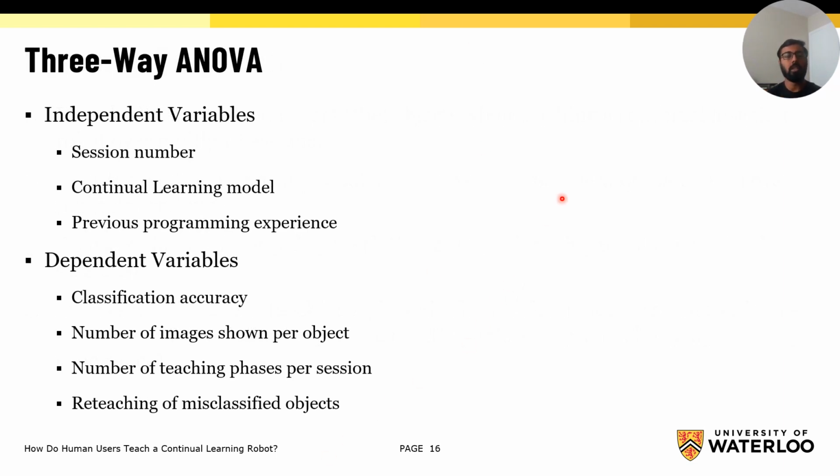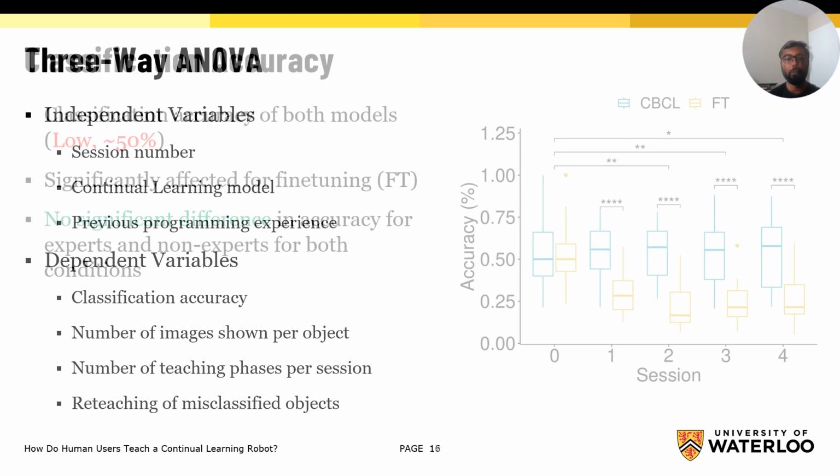So for this, we conducted a 3-way ANOVA with independent variables being session number, continual learning model, and previous programming experience of the participants, and dependent variables being the classification accuracy of the models, and then teaching style of the users determined in terms of the number of images shown per object, the number of teaching phases they started in each session, and if users retaught misclassified objects. So for example, if they taught the robot, they tested the robot, and then the robot misclassified, they went back to reteach different misclassified objects by the robot.